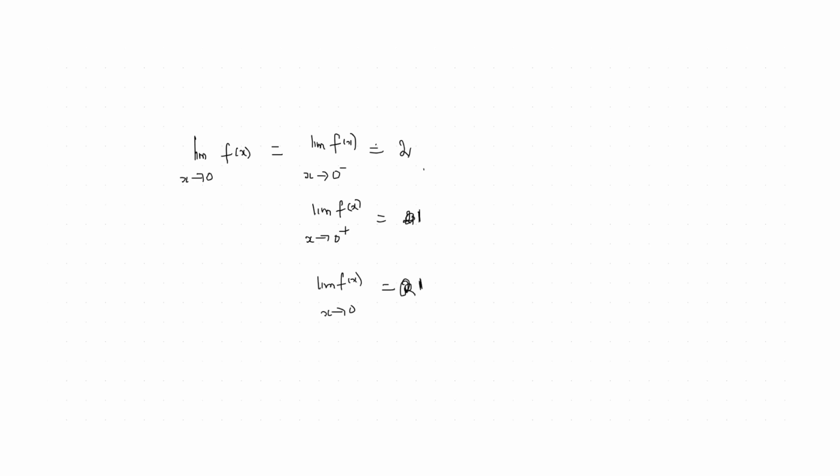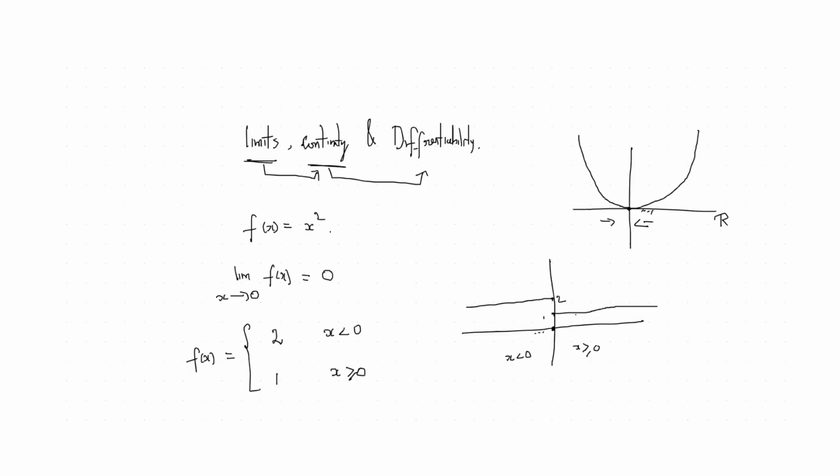So I can say the limit does not exist at x equal to 0. Again, on the left hand side I'm tracing: if x goes to 0, what happens to f of x?